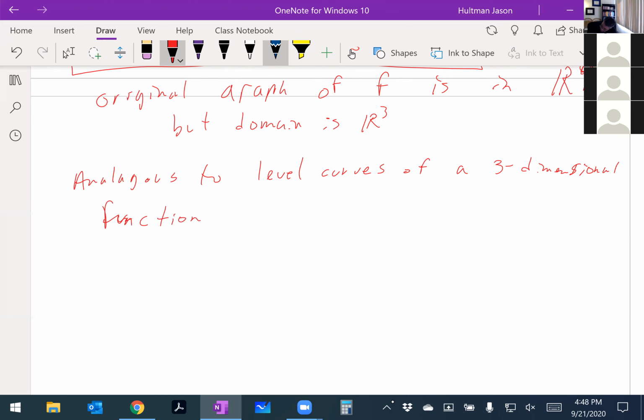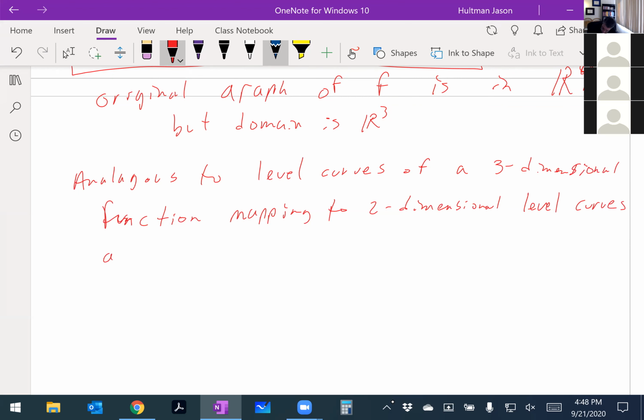Analogous to level curves of a 3-dimensional function, mapping to 2-dimensional, or sorry, 2-dimensional level curves, I should say.